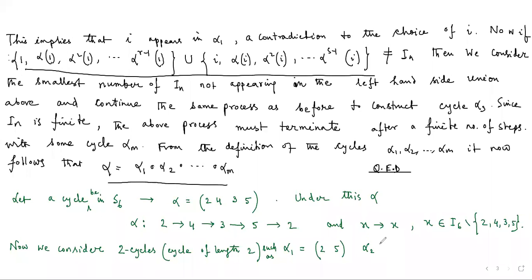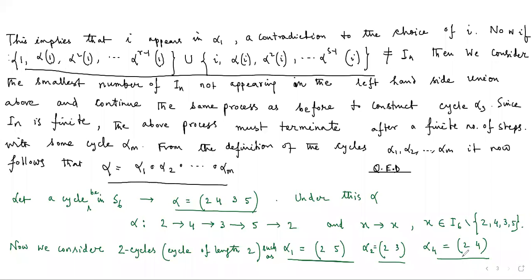Alpha 2 is equal to (2 3). And alpha 3 is equal to (2 4). Suppose I am considering these transpositions also with respect to the set S6. And this cycle is also there with us.